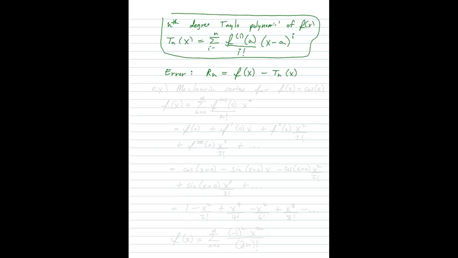And we're going to go ahead and give an example of this. So our example is going to be a Maclaurin series for f of x equals cosine x.